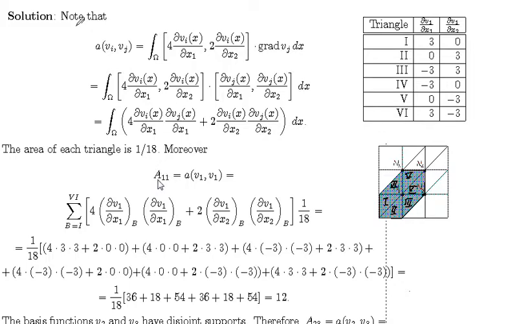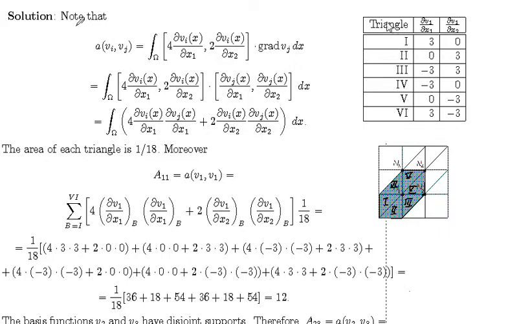Next, we are going to compute the elements of the stiffness matrix A: A11 and A12, or not 1, 2 but A23. And the way of doing this is exactly as in the lectures.